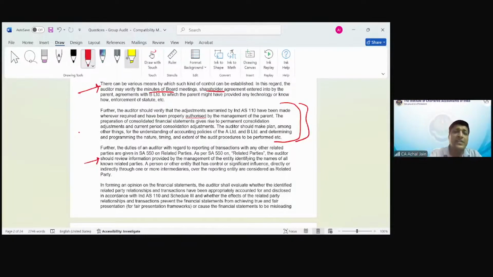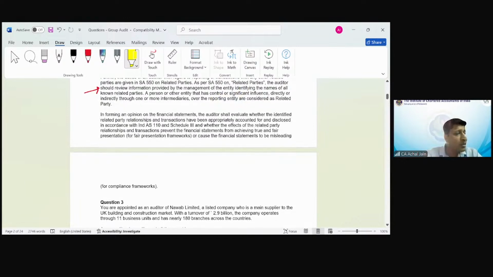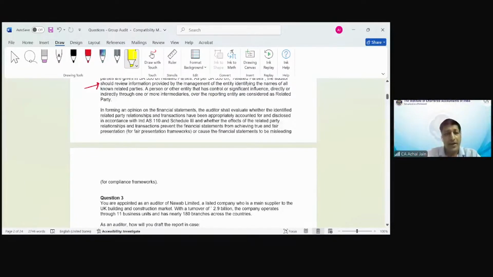Currently, they are only considering two companies, A and B. But what if C and D are also there, which are related and which should also get consolidated? Yes or no? So all of those aspects become important on the part of the auditor. Clear? Everyone clear?